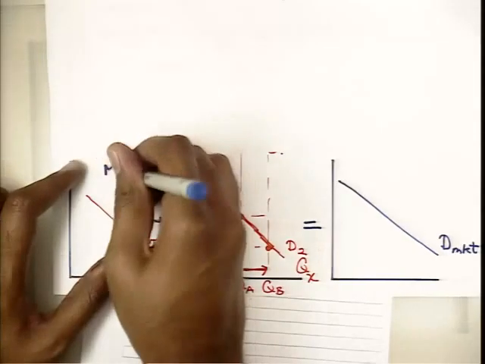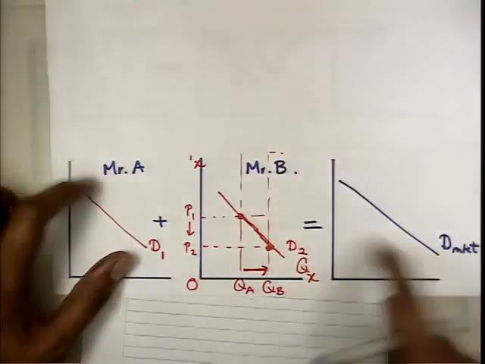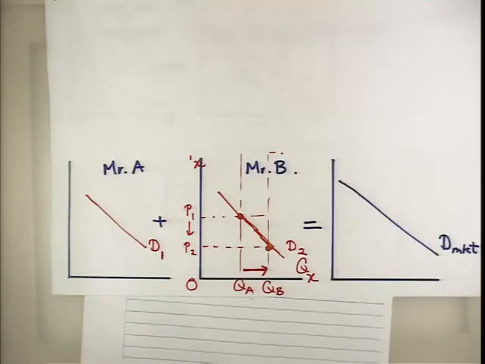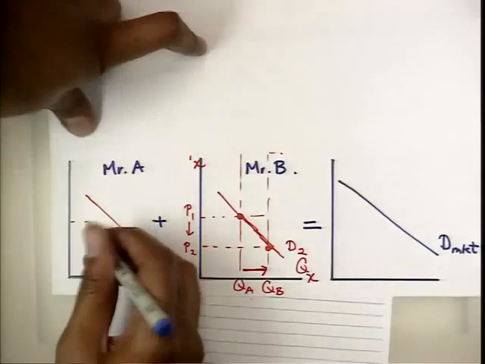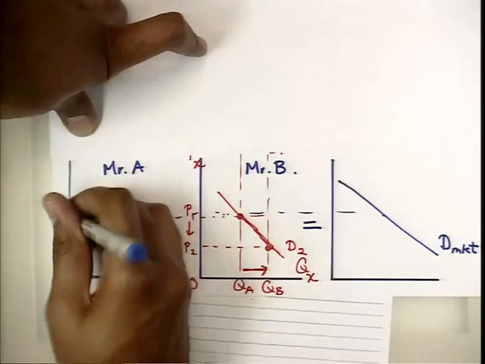So this is Mr. A, this is Mr. B, and now the market, assuming that there's just two people in the market, you horizontally add the two demand curves.